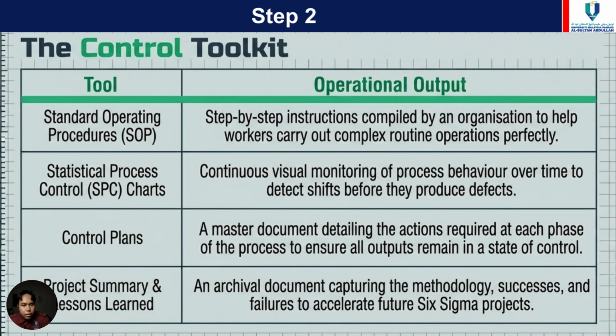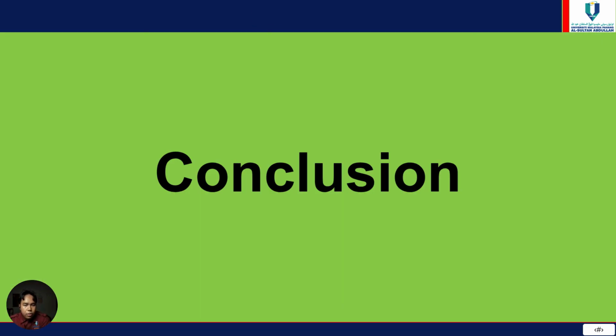And then the control plan is a master document detailing the action required at each phase of the process to ensure all outputs remain in a state of control. So this is a tool where we can ensure that there are no changing variables in our new solution. And then the project summary and lessons learned is an archival document capturing the methodology, successes and failures to accelerate future Six Sigma projects.